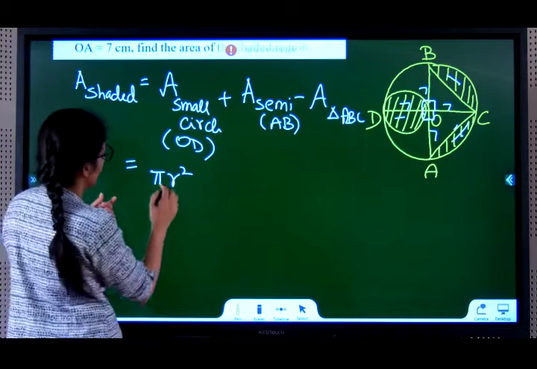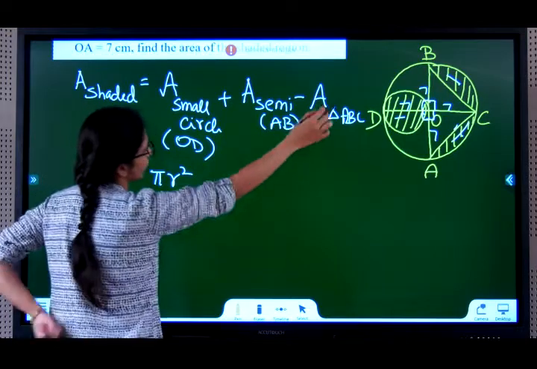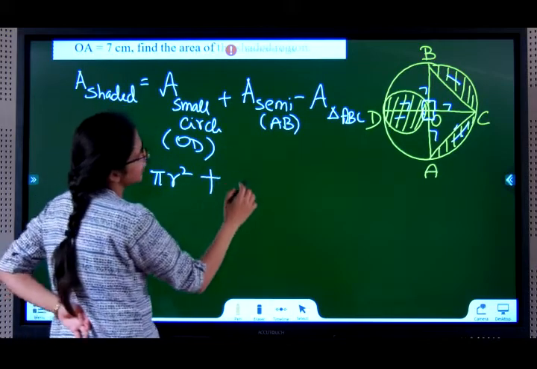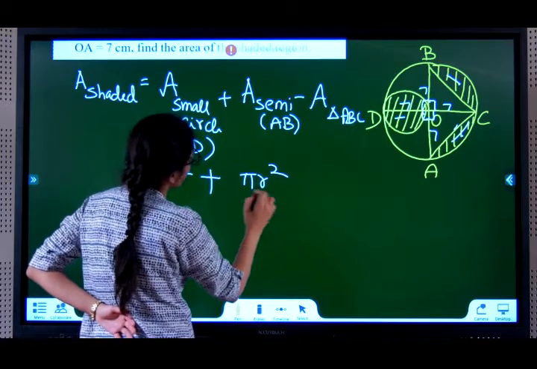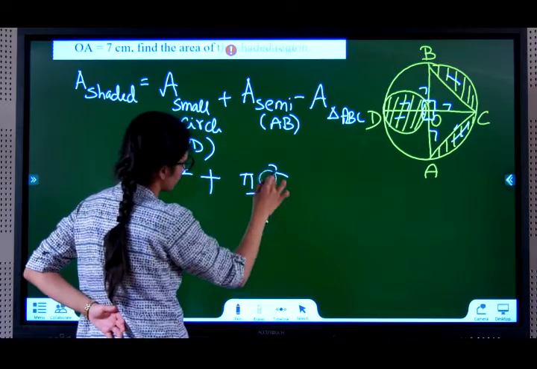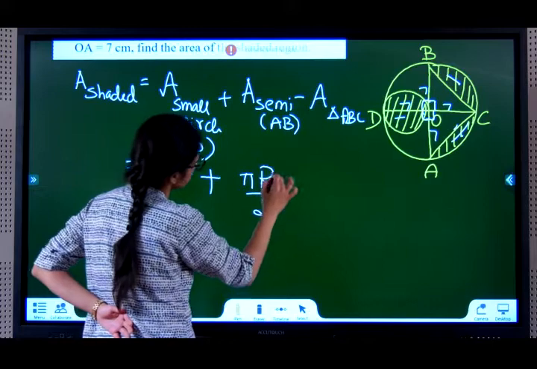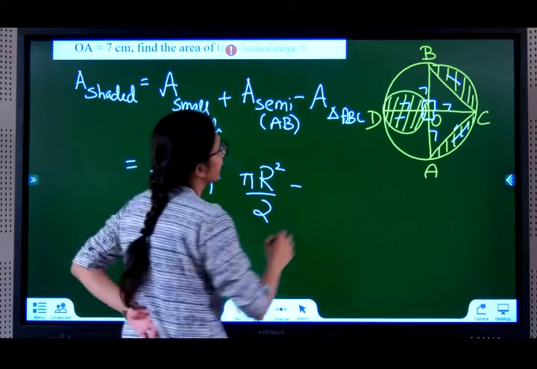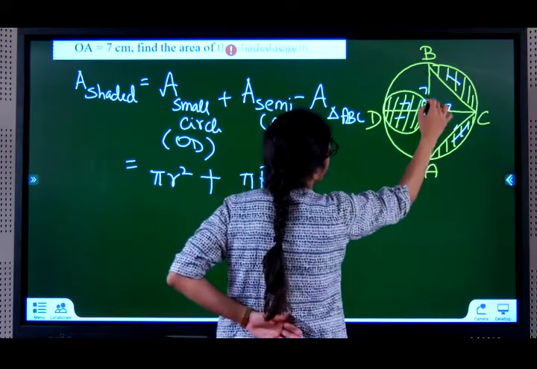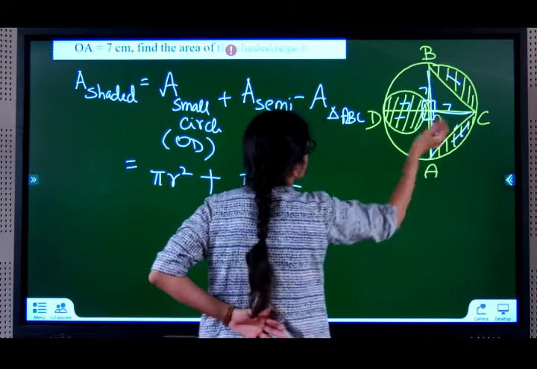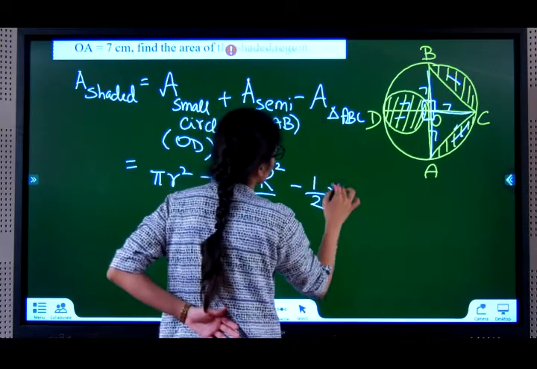So area of small circle is pi r square. Use small r because there are two circles here, plus area of semicircle pi R square by 2, use capital R here, minus area of triangle ABC. Since this is perpendicular, I can treat this as the base and this as the height. Half into base into height.